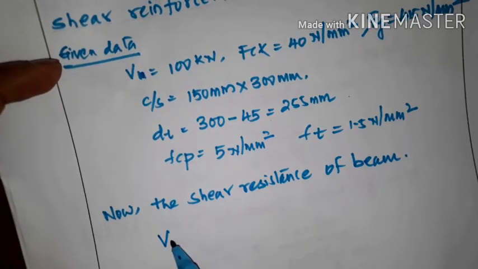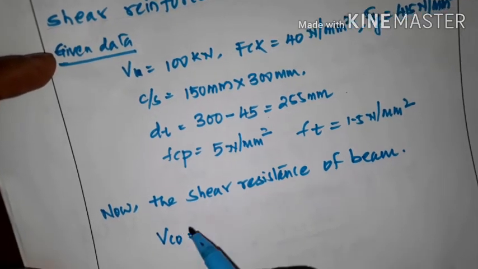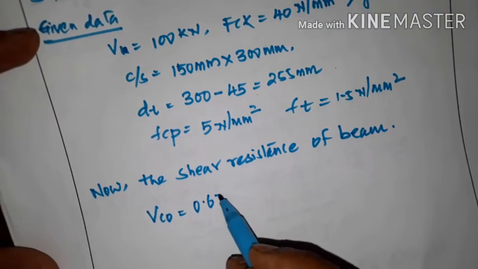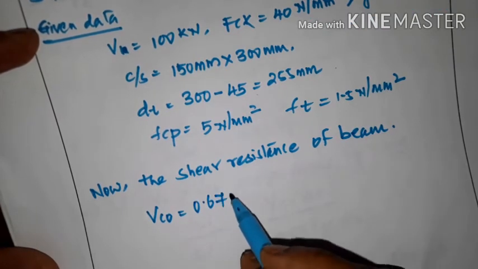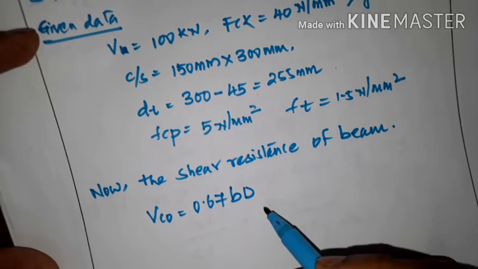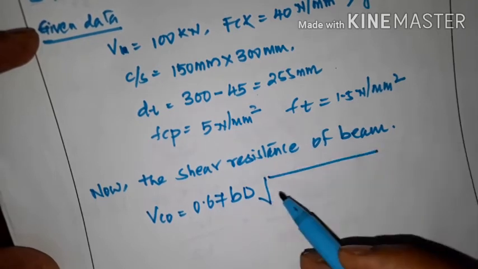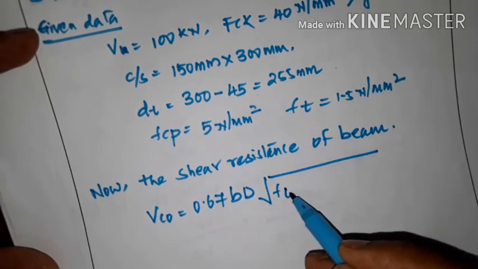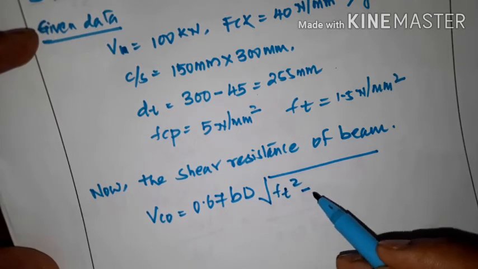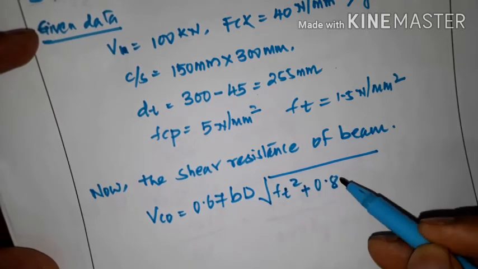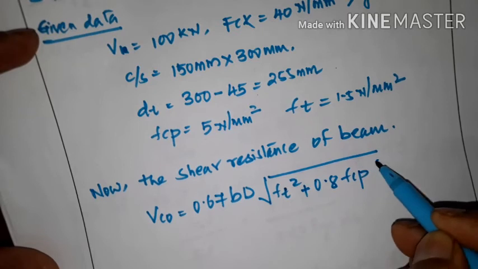So that is VCO is equal to 0.67 B D square root of ft square plus 0.8 FCP into FT.